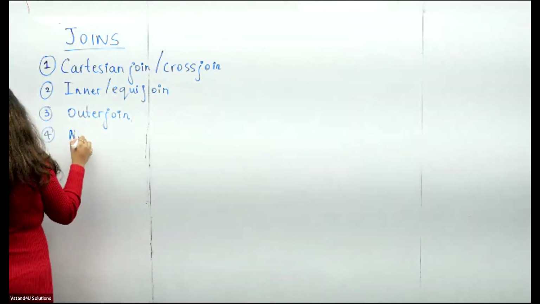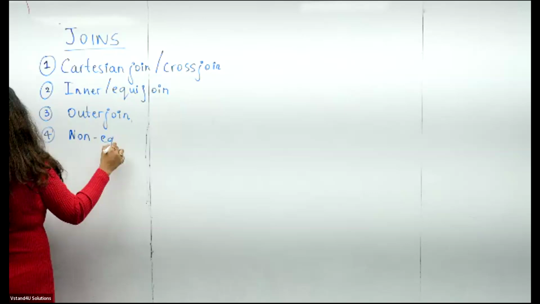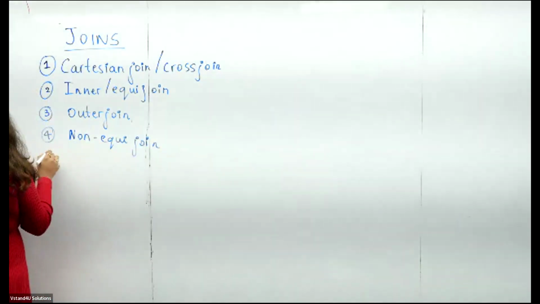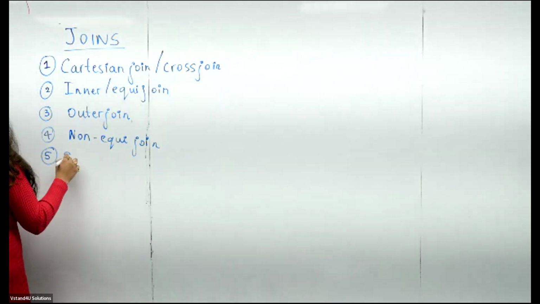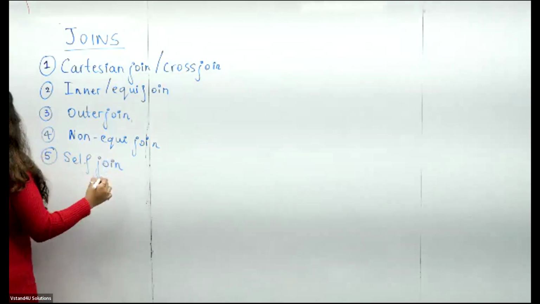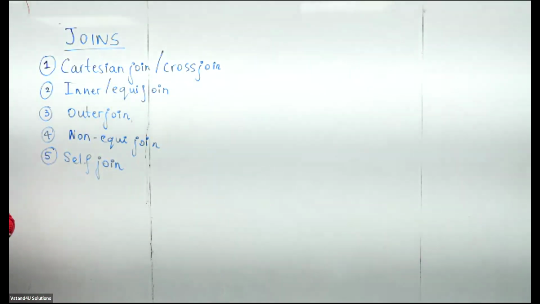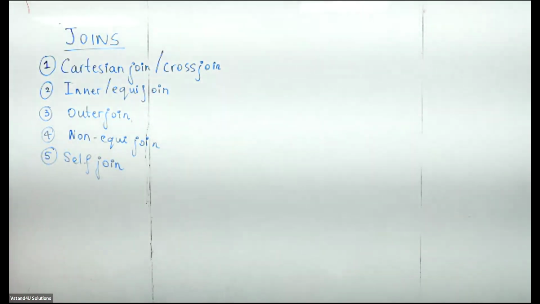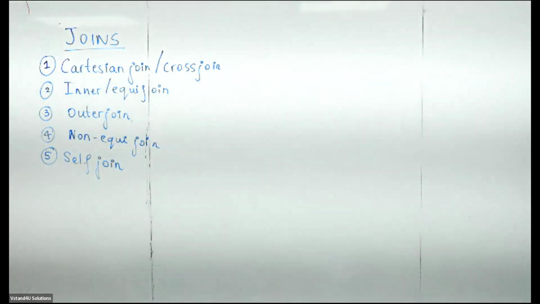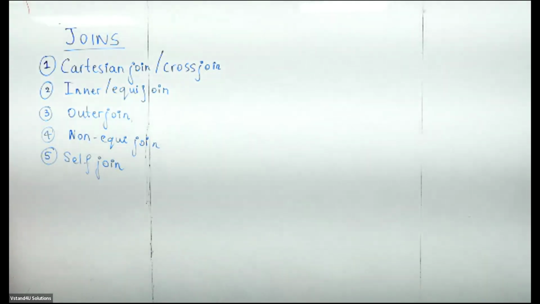Outer join or non-equi join. And the last one, you have a join called self join. Now take down the first heading as Cartesian join or cross join.